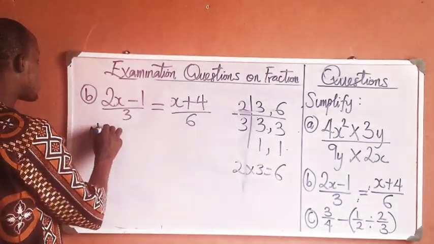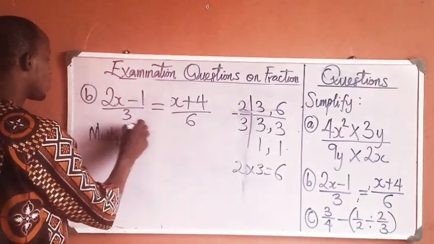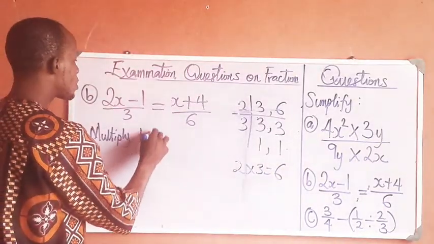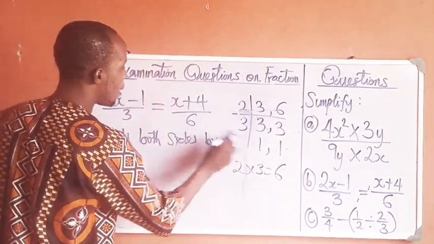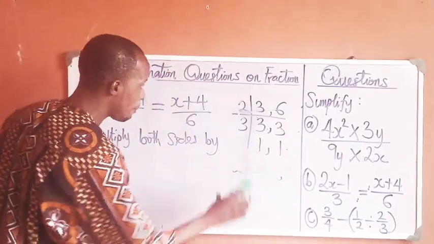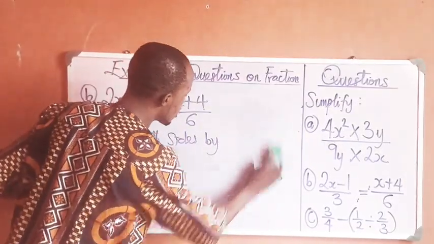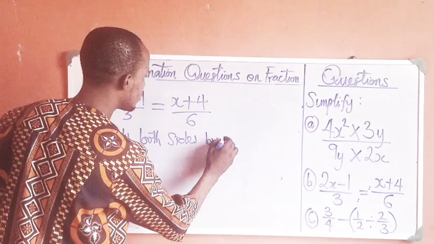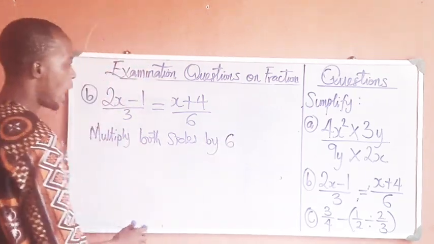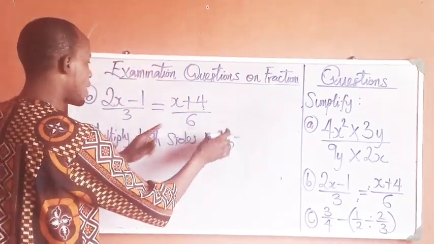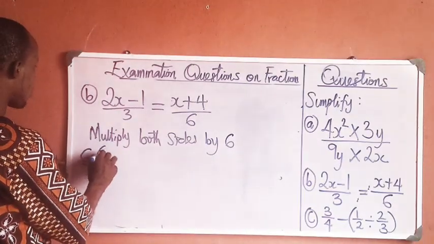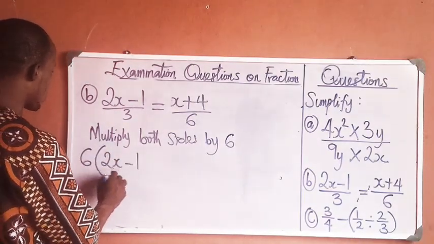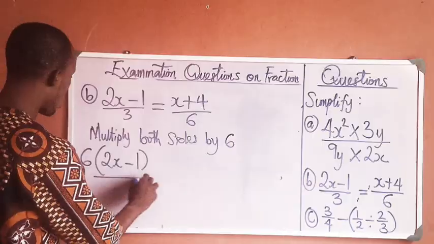I will simply multiply both sides of the equation by my LCM, which is 6. I will multiply both sides by 6. So 6 into bracket of 2x minus 1, close the bracket, all over 3.